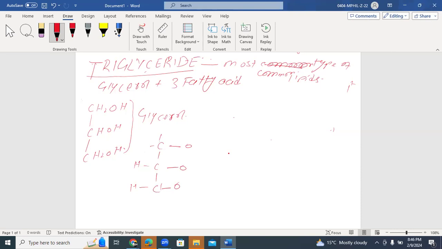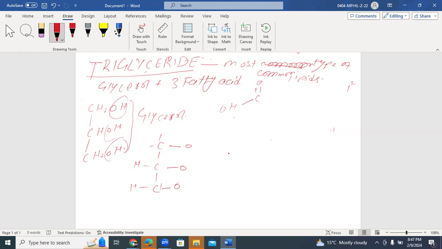The carboxylic acid is present at the first of that tail of fatty acid. There will be a double bond oxygen like this, and here you have a hydroxyl group as well. In three cases we have hydroxyl group.